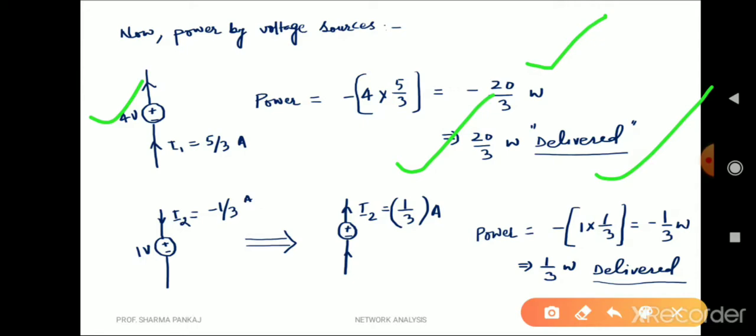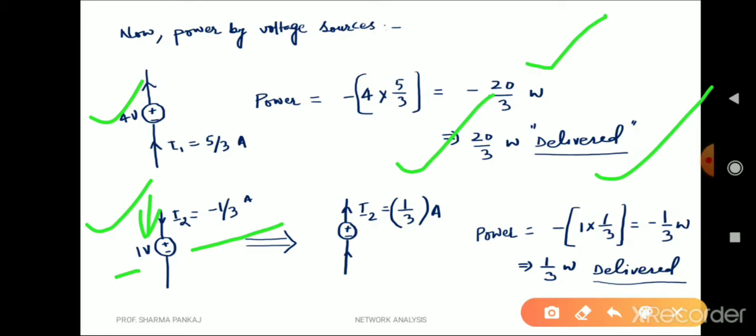Now for the second voltage source, whose magnitude is 1 volt, the current, from the circuit diagram you can see, is I2, and the value of I2 is minus 1 by 3 ampere. If any current is minus, it means its direction is reversed in actual.